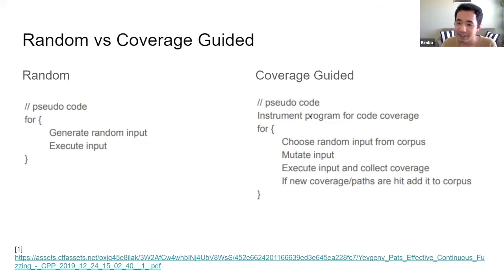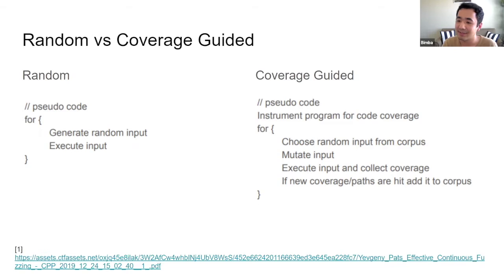With coverage guided fuzzing, the basic gist of what happens is you compile your code with some specific flags. Then you choose a random input from a corpus. So you have a data set of input files, like a training set. In a machine learning model, you have a corpus of stuff that you initialize, let's say, the weights in your matrix with.